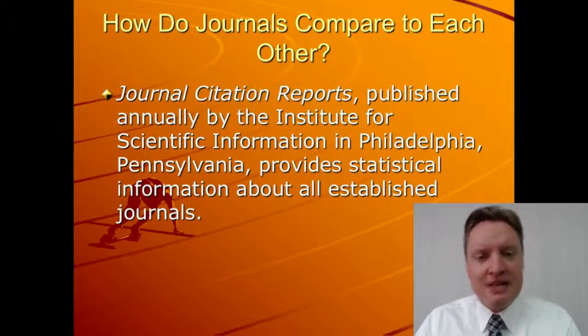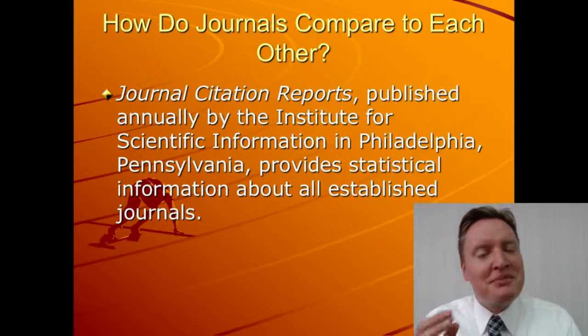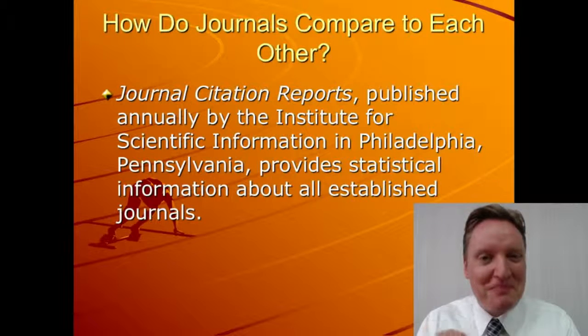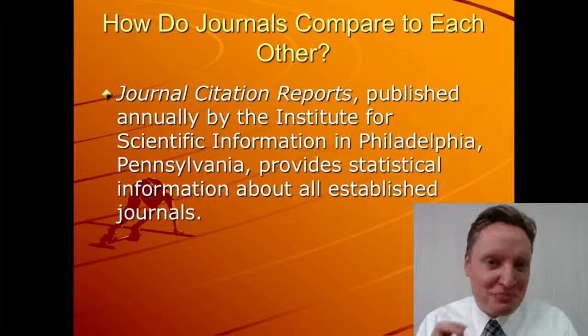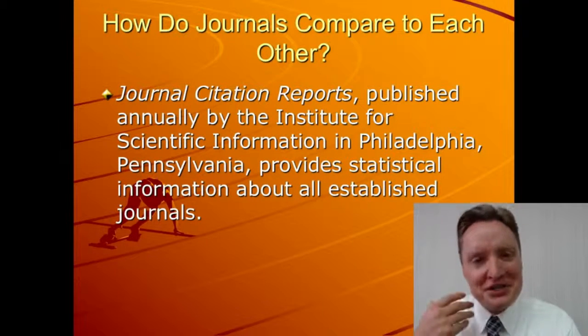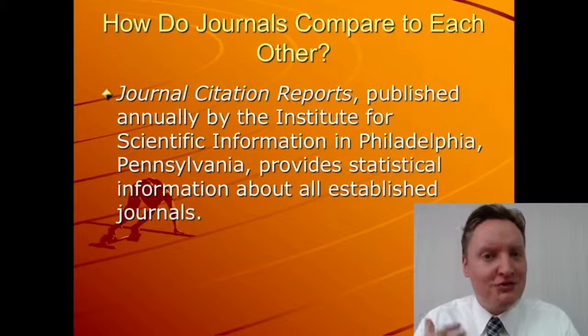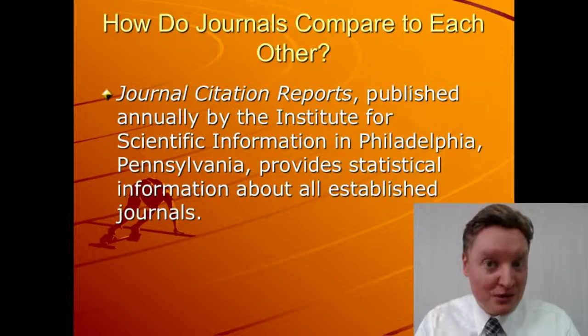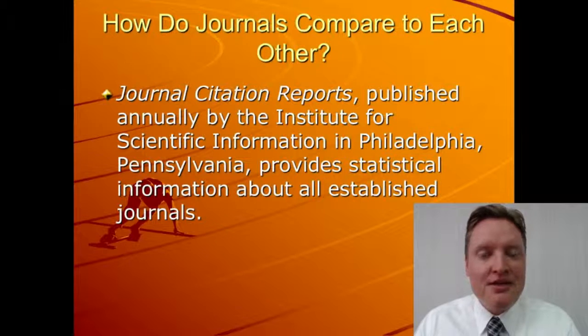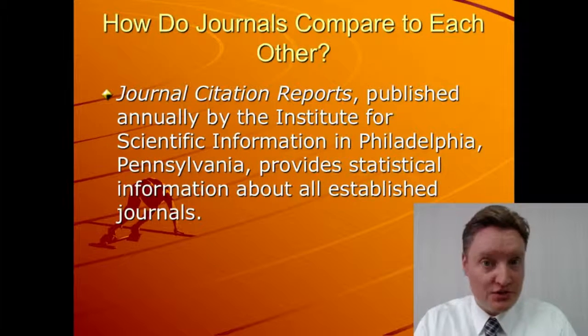I know this is not fair, but people do judge your paper by the journal where your paper is published. So we need to consider the quality of the journal that our research appears in. These 3 numbers are published every year by the JCR, the Journal Citation Reports.